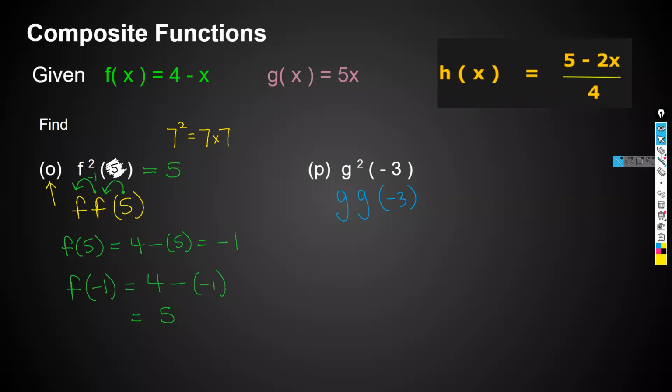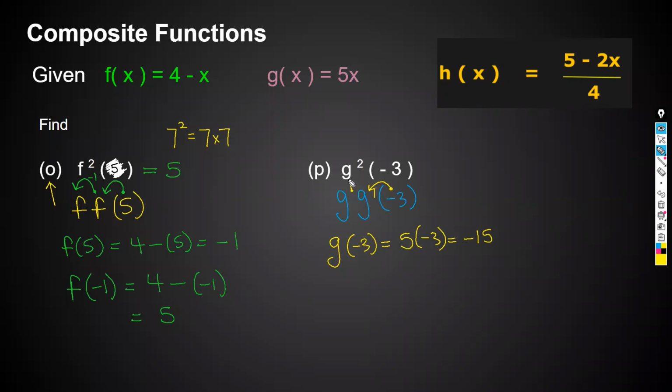So we're going to take minus 3 and throw it into g. So we're focusing on g of minus 3. We have 5, throw away that x and put minus 3. I think we'll get minus 15. A positive by a minus is a minus.